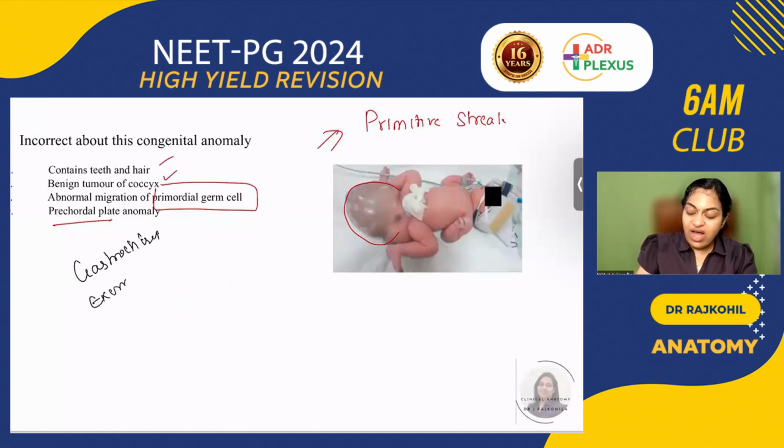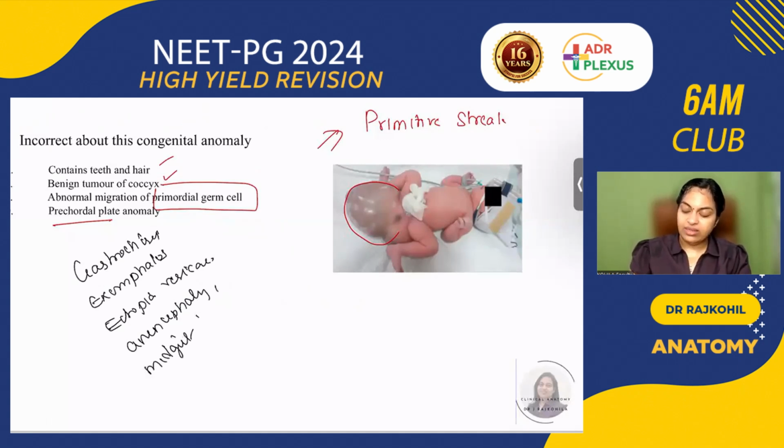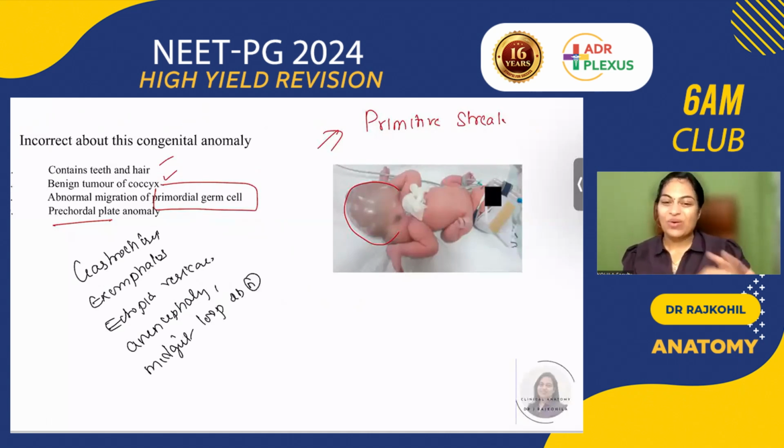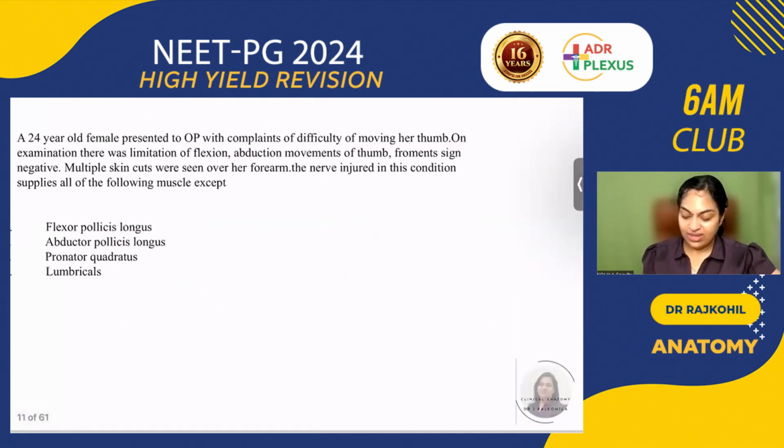And previously they've asked about ectopia vesicae, exstrophy of bladder, anencephaly. So all these images, even midgut loop rotations, the midgut loop abnormalities. Make sure you go through all this before you reach your exams, right?